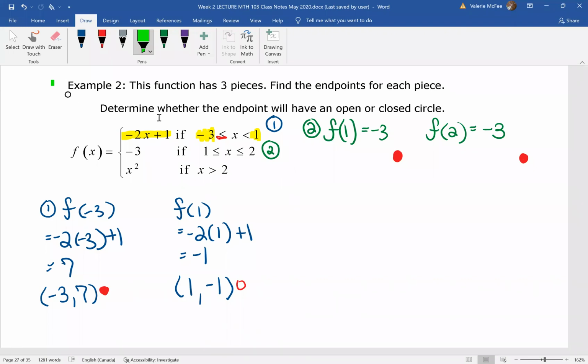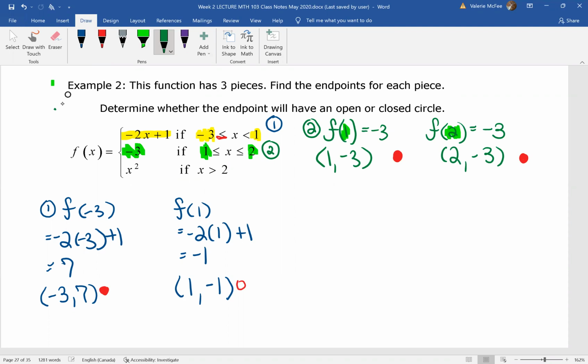Again, we had two x values for our domain restrictions here. I needed to find the f of 1. It was equal to -3. And I needed to find the f of 2. It was also equal to -3. So when x was 1, y is -3. When x is 2, y is -3.